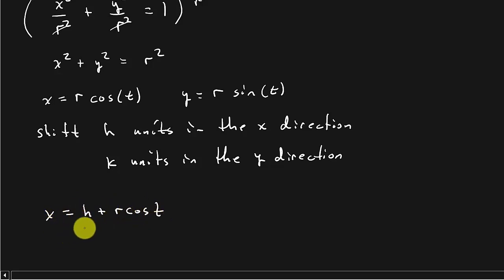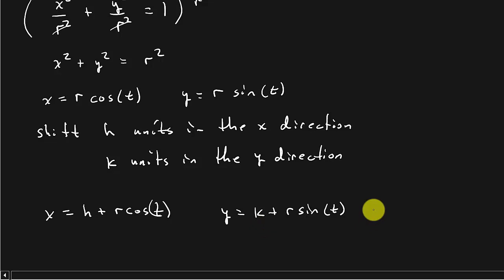I'm adding an h, and that's going to shift it one way or the other, right? And then y, I can just do k plus r sine t, and that's going to shift it k units in the y direction.